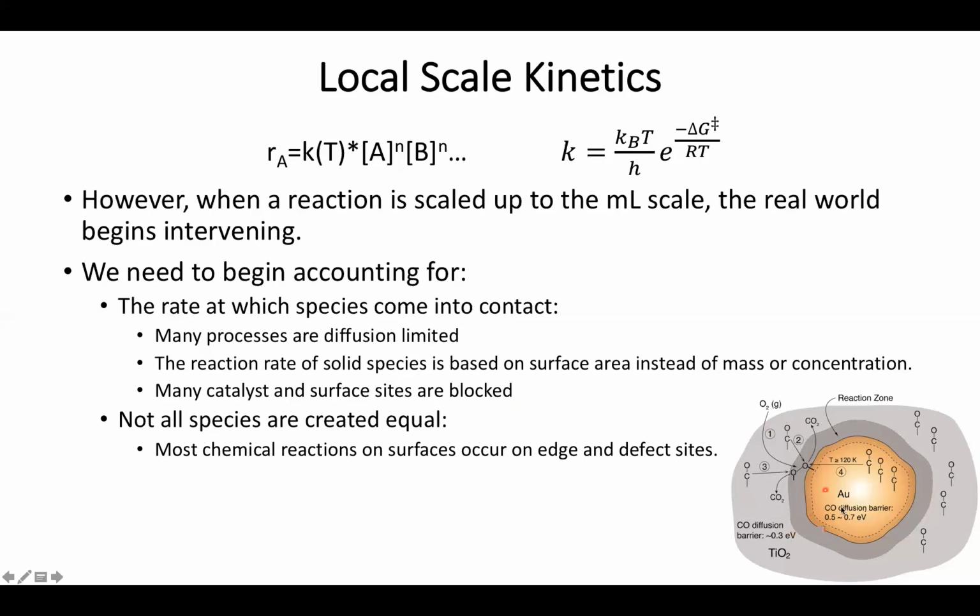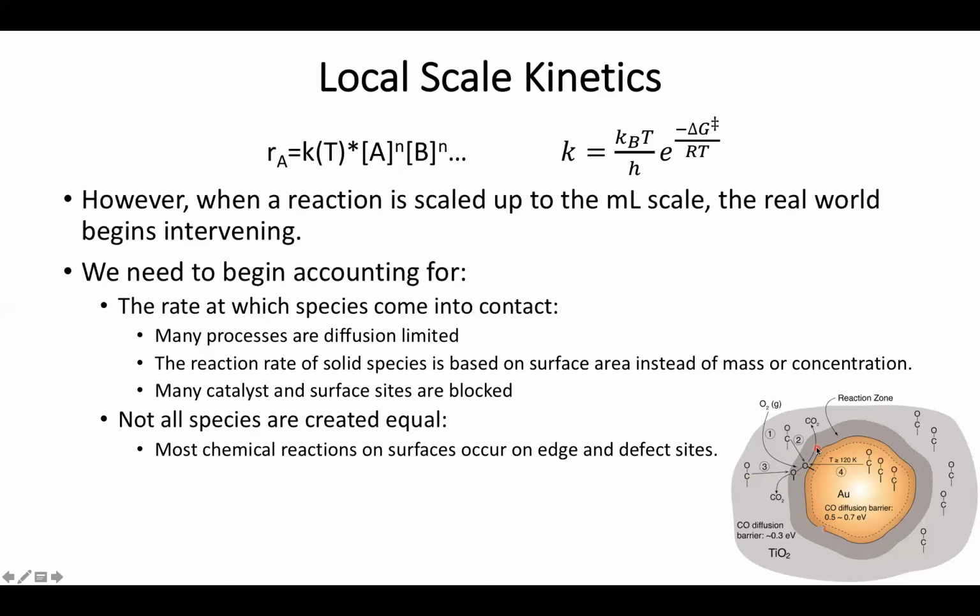I may have a lot of gold surface, but in a lot of these surface catalyzed reactions, almost all of the reaction occurs at edge or defect sites. For example, in this case, I need both gold and titanium oxide to be present to allow for the reaction. This generates essentially a polarized oxygen-oxygen bond for my carbon monoxide to react with.